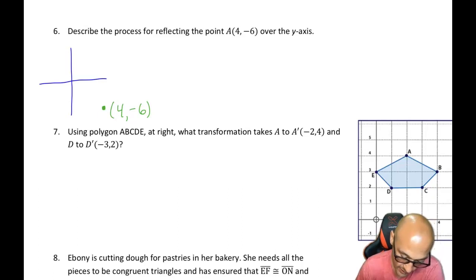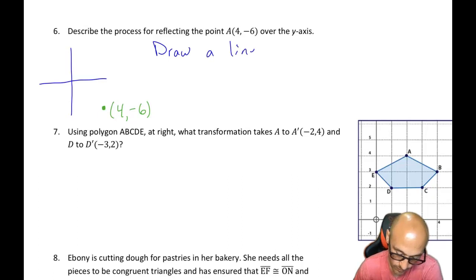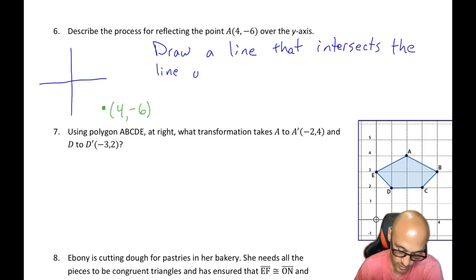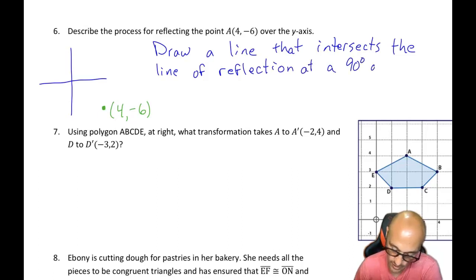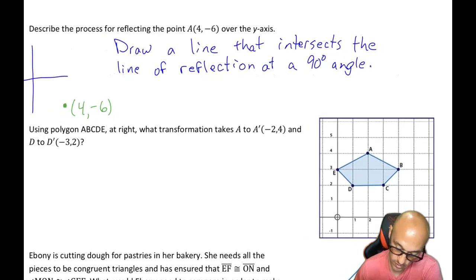So let's say, draw a line that intersects the line of reflection at a 90-degree angle. Count the units to the line.